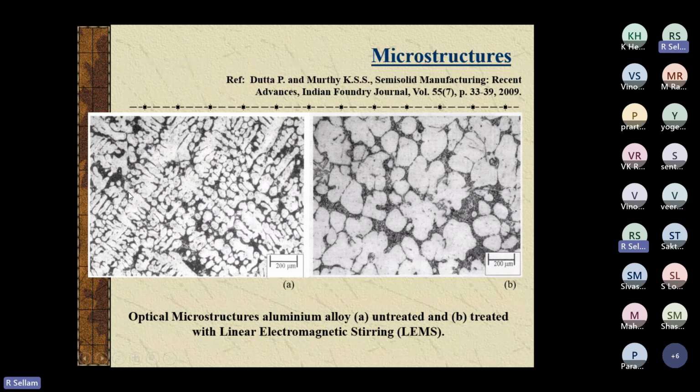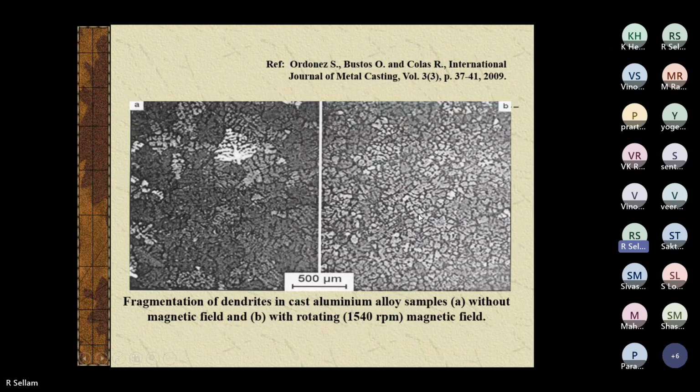I have taken references from recent advances in foundry. The dendrites are refined by electromagnetic stirring, and this forms a globular structure.